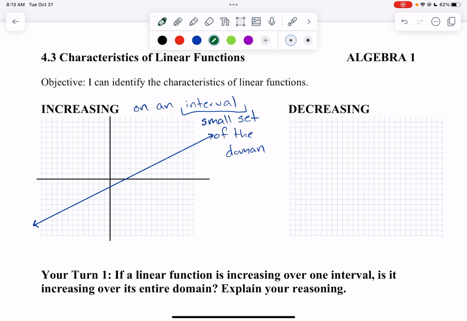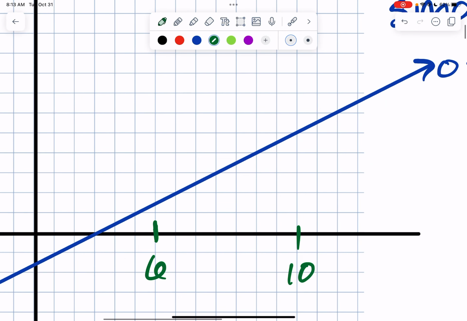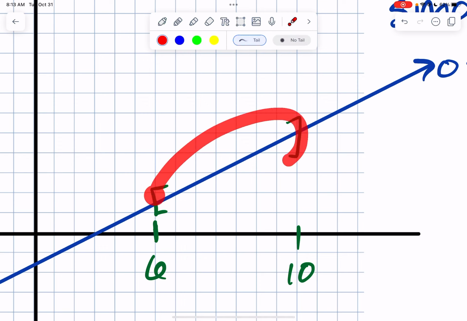So when I say on an interval, what I mean is if we just look at this graph, let's say from the point 6 to, let's say this is 10 out here. So we're just looking at this graph from here to here. We're just looking at this spot right here and asking, what's it doing?